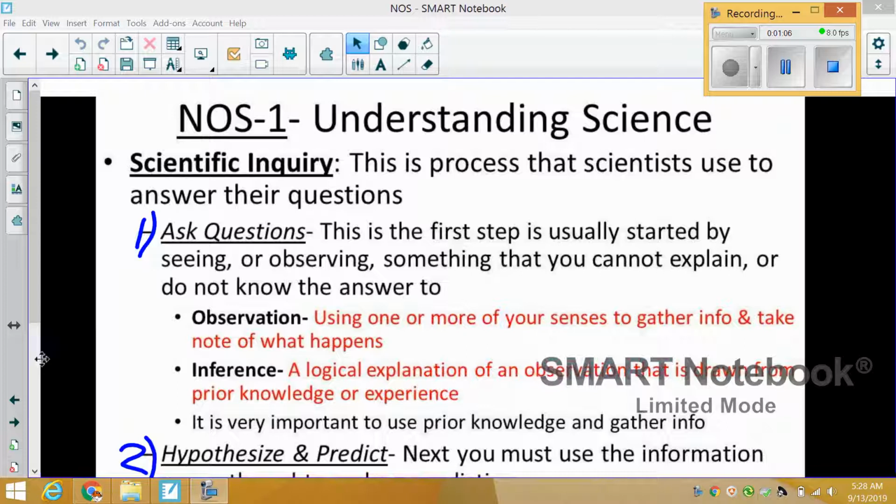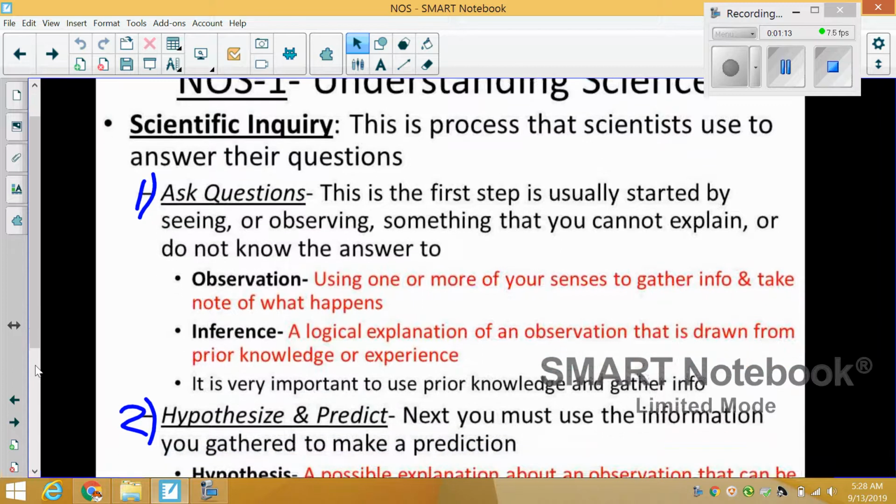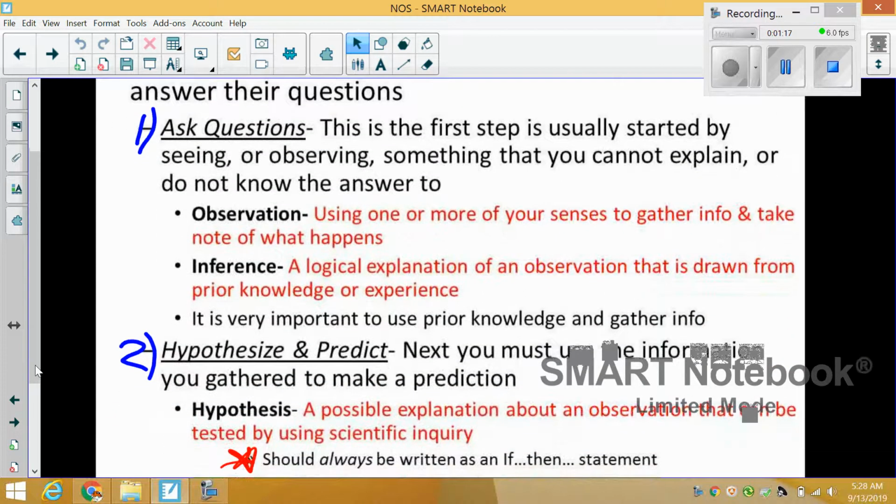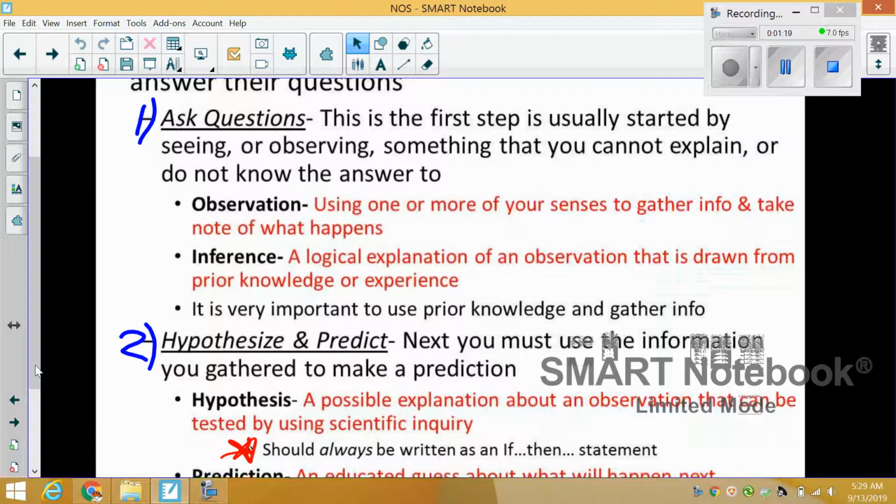So the next couple slides just talk about each of those steps in a little bit more detail. So step number 1 is, of course, asking questions or stating the problem. We can't learn anything new unless we ask a question. Usually this starts with an observation. An observation is just gathering information from our environment, and that can be a smell or a sight or a sound.